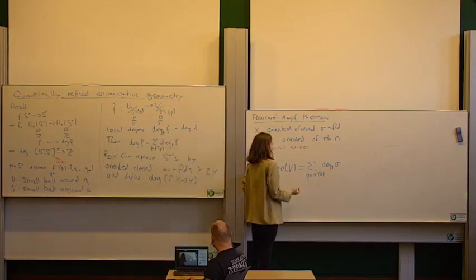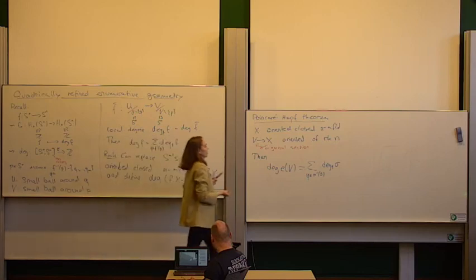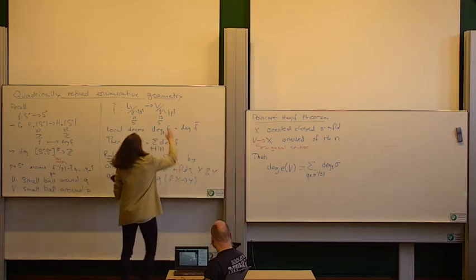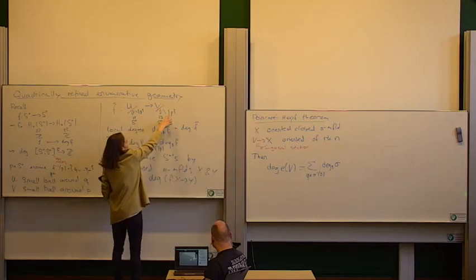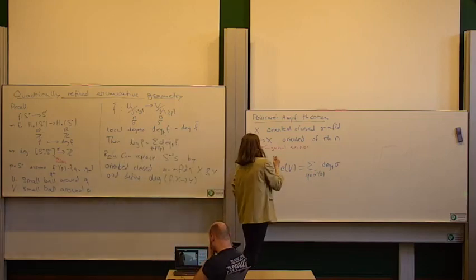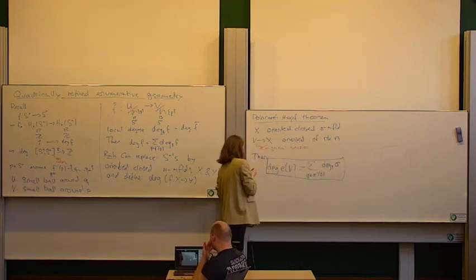Then if I choose this small ball small enough, I can trivialize my bundle around the point. So I get a map to R^n, and I can also just collapse R^n minus 0, and then I can take the degree of this. So this one we want to remember.